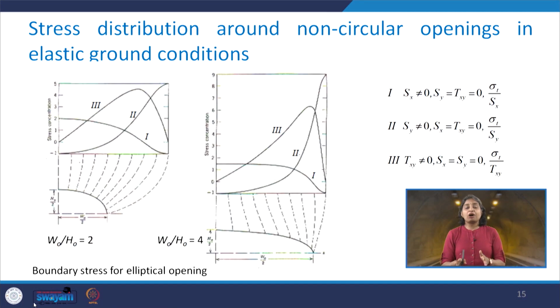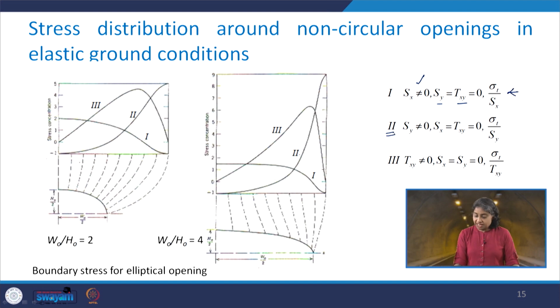Now based upon this, for various cases as we considered, I explained to you that case 1 corresponds to when you have the uniaxial state of stress with the stress in x direction only, and there is no stress in the y direction, and Txy is also equal to 0. So in that case the stress concentration factor is given by sigma T upon Sx.